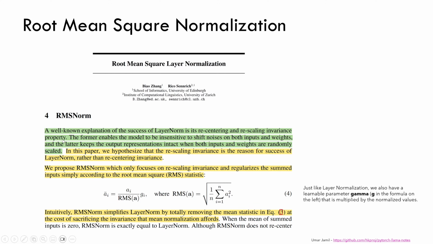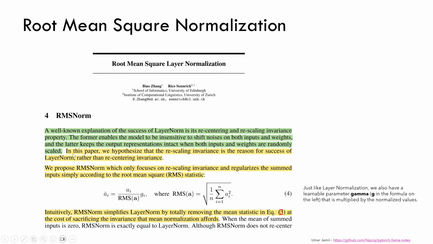What do they mean? The features, no matter what they are, will be recentered around the 0 mean and rescaled to have a variance of 1. "The former enables the model to be insensitive to shift noises on both input and weights, and the latter keeps the output representations intact when both input and weight are randomly scaled."